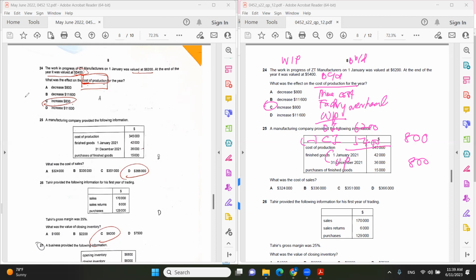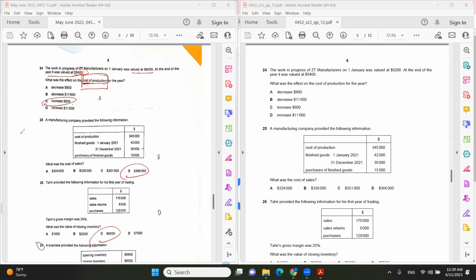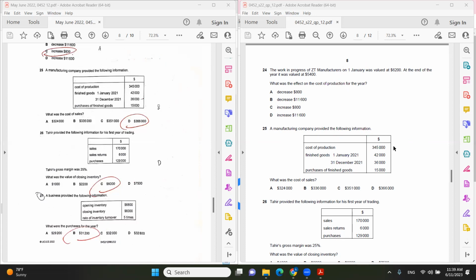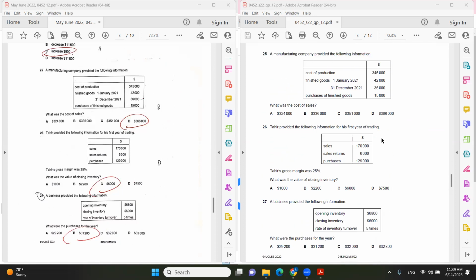Now next sum. A manufacturing company provides the following information. What is the cost? You notice that this sounds like what we did just now.